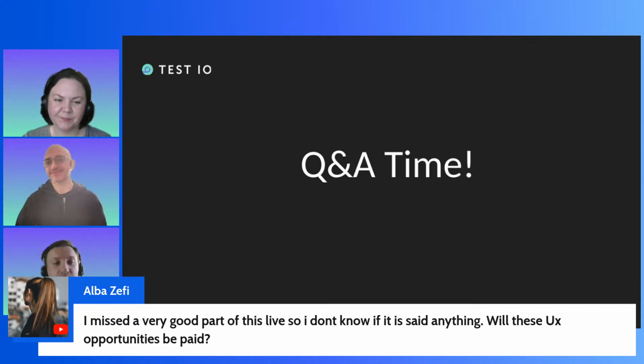So yes, this is one of the regular opportunities, like the testing opportunities that we have at Test.io. When you accept some invitations, you can see, let's say, prices for the reports, like functional reports or content or visual bug reports. Here it is quite the same.